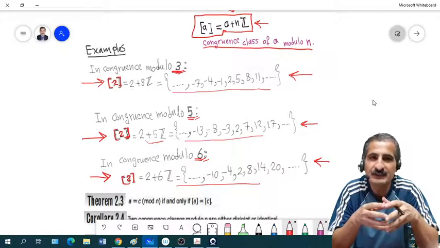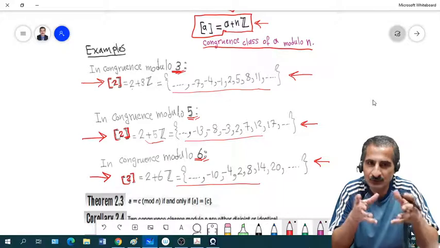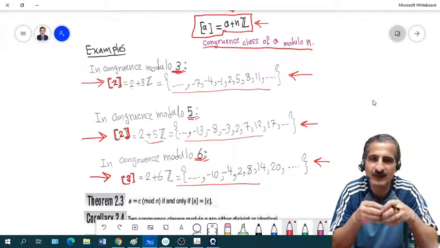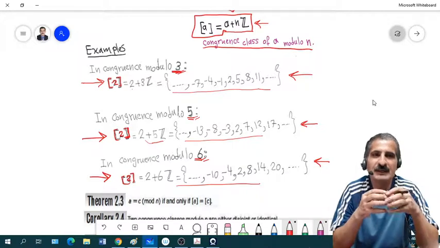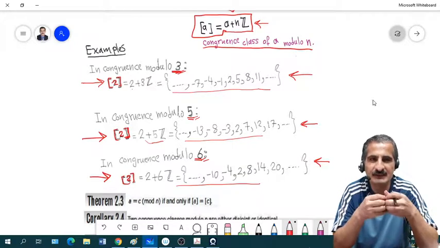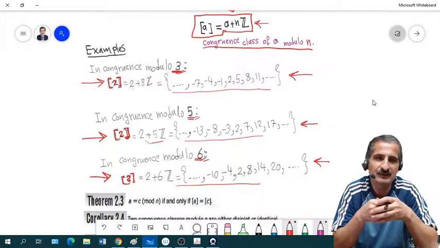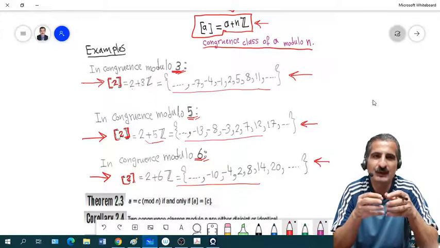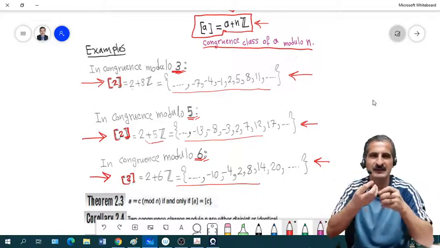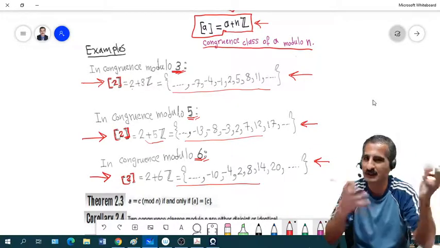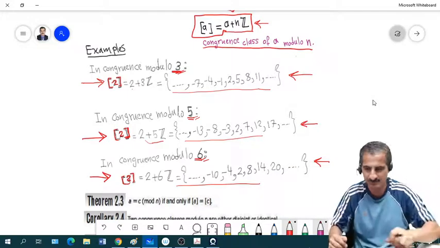These are different environments: modulo 3, modulo 2, modulo 5, modulo 6, modulo 4, modulo any number. Every time, we live in a different system, in a different environment. So we cannot compare the equivalence class of 2 modulo some number to the equivalence class of 2 modulo some other number. There is no relation between them.